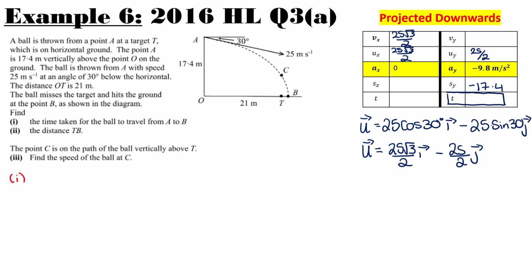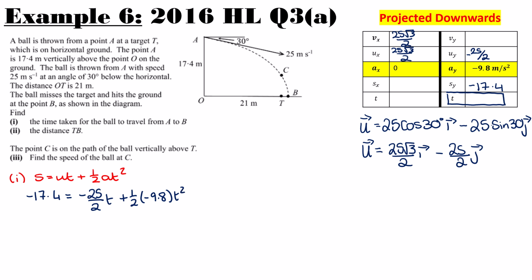So part 1, we're going to use s equals ut plus a half at squared. So we get minus 17.4, and that minus is so important. I'm sorry, I should have a minus here for my 25 over 2. So minus 25 over 2 t plus a half minus 9.8 t squared.